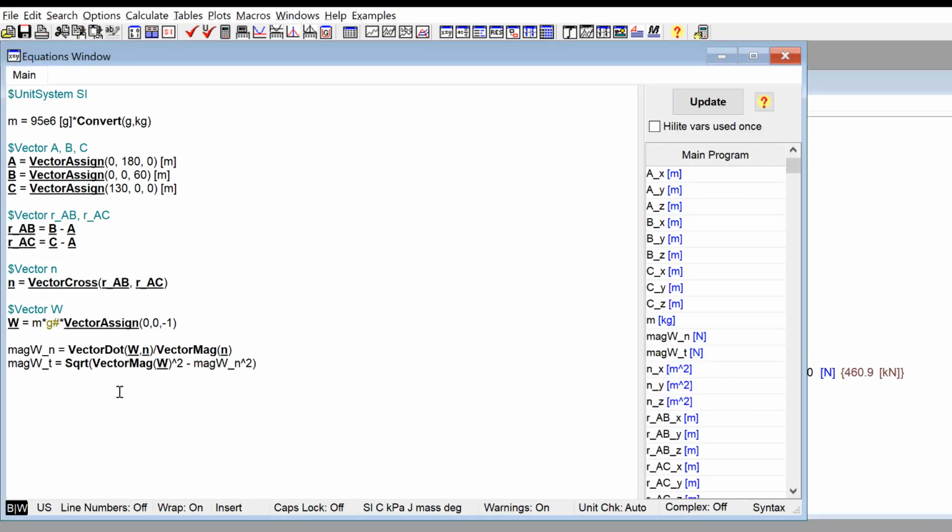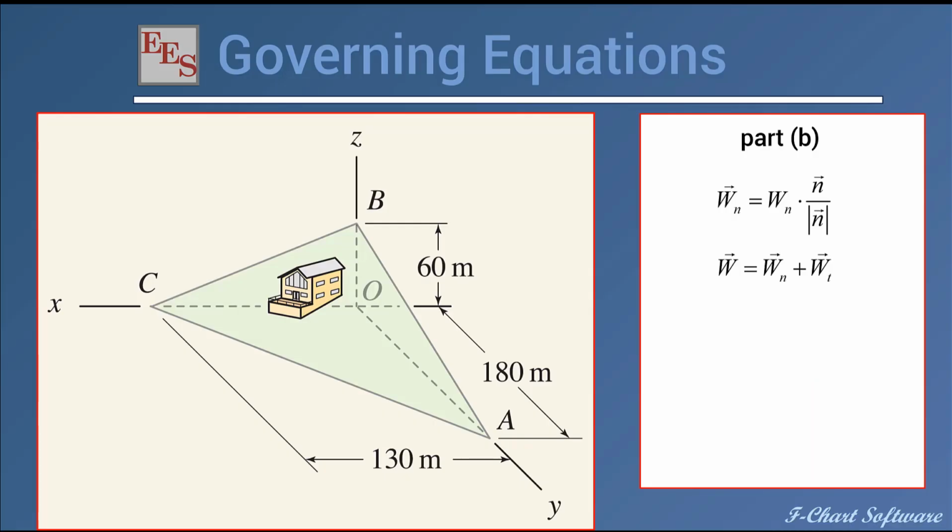In part B, we're doing basically the same thing, but now we're going to turn these magnitudes into actual vectors, right? And so that's not hard. This is kind of what we did in the last example. We know, for example, the magnitude of the weight in the normal direction, and we know what the normal direction is, right? It's n normalized by the magnitude of n, so it's just Wn times that unit vector.